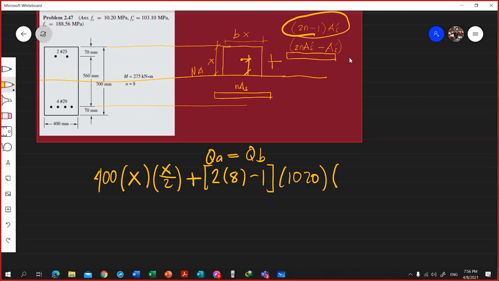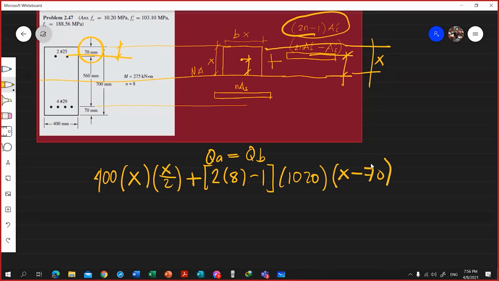If this is x, then to get this distance, x minus the distance from the top to the centroid, and that is 70. So, put here x minus 70.